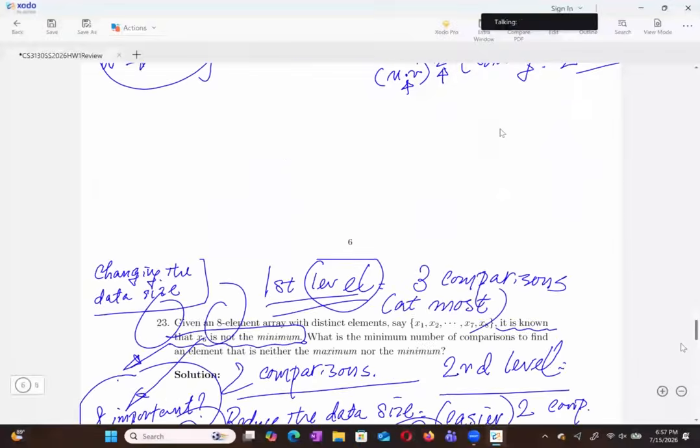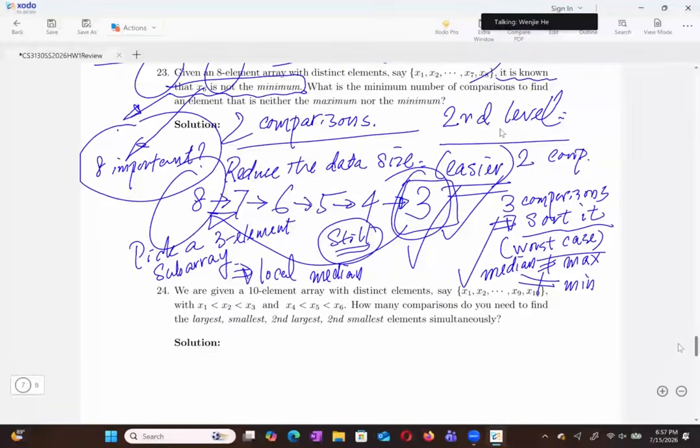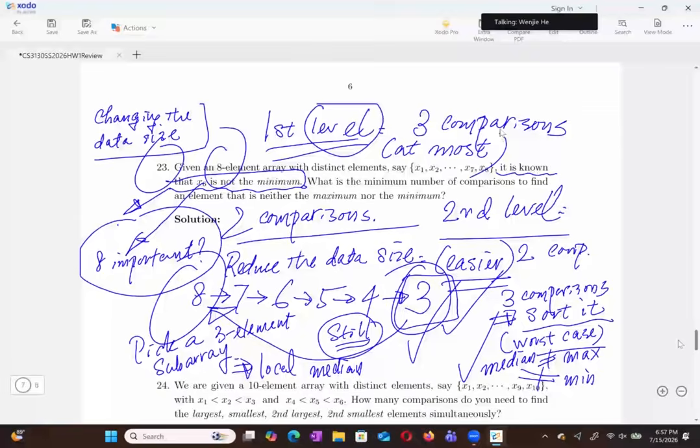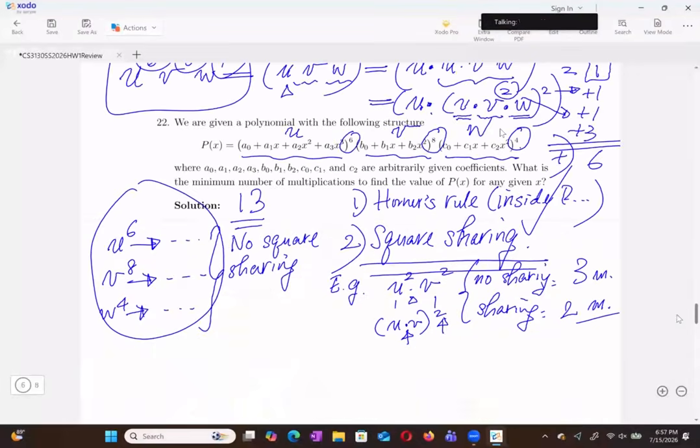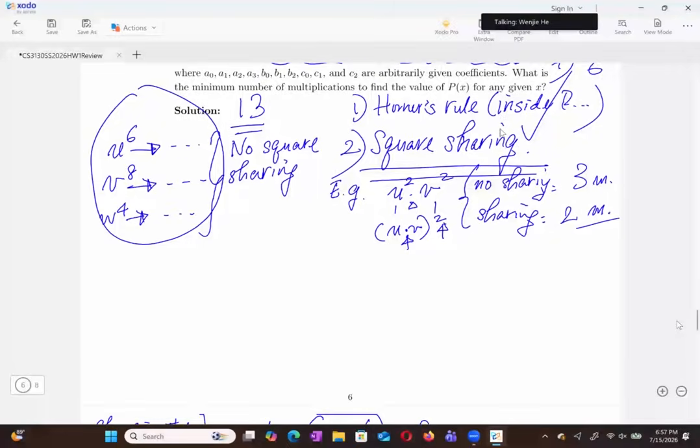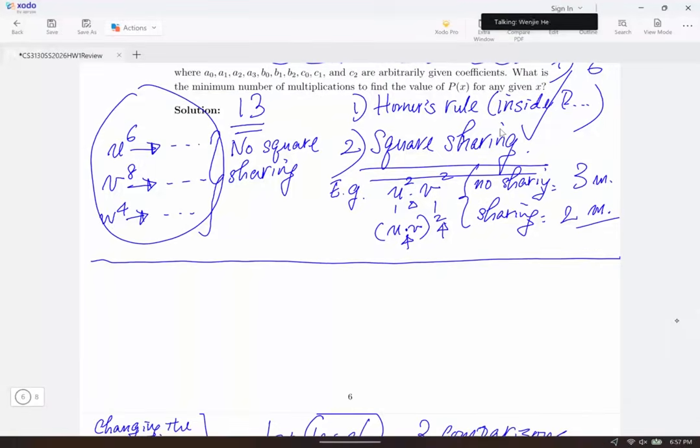Now we are at the second level, 2 comparisons. Now we want to improve to 2 comparisons. Let me borrow some space here. This time we have a condition: x6 is not equal to the minimum. We want to use this information because it is useful.